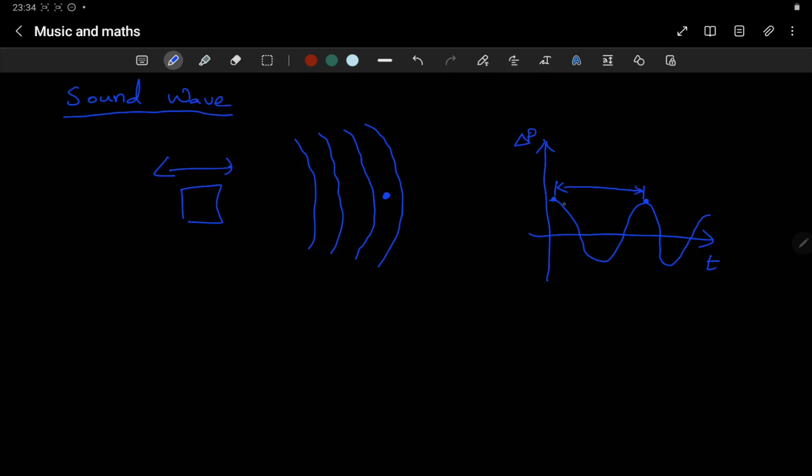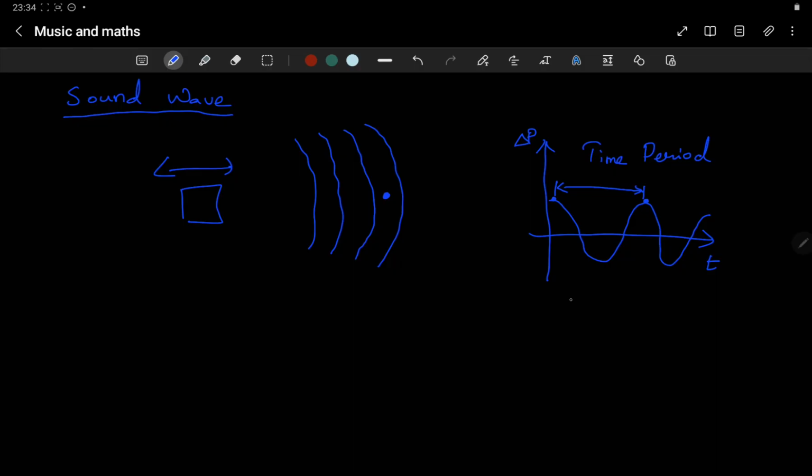So it starts from here, and then once again it went there, and it's ready for the next cycle. So this is a single cycle. The time taken for a single cycle is called the time period.